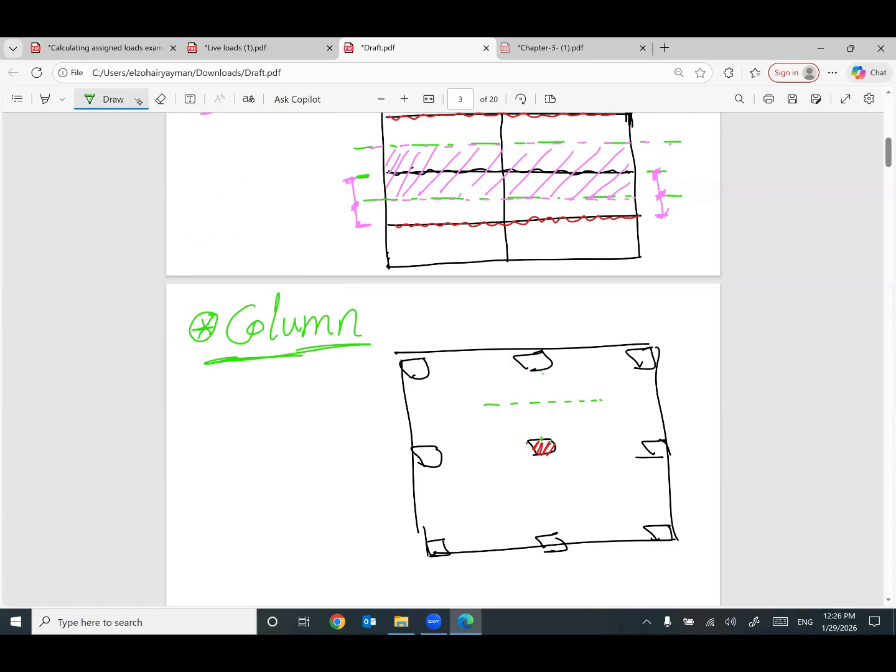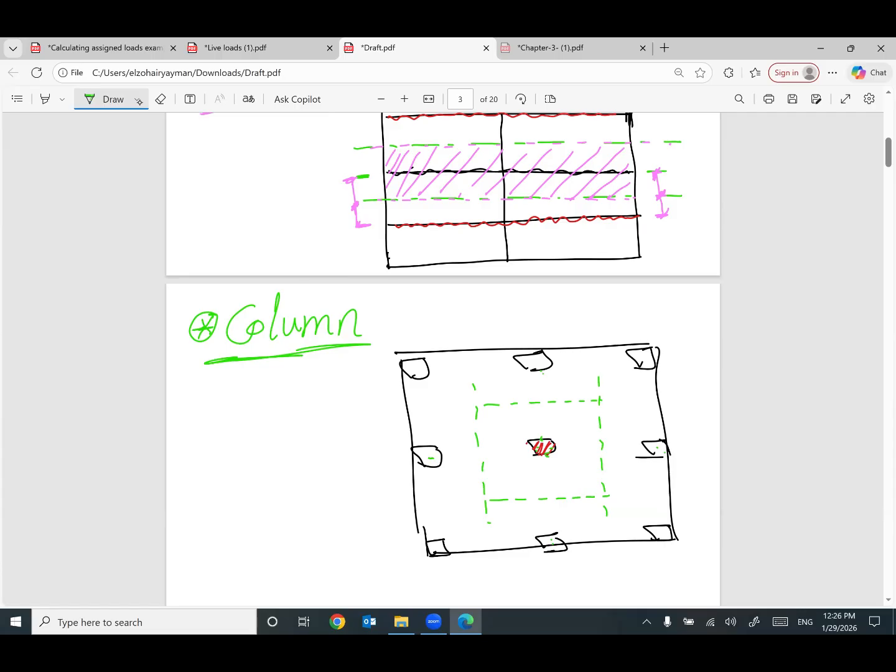Between this column and the next one from the other side, divide the distance in between. From this column and the next one from the right, divide this area. From this column and the next one from the left, divide this area.